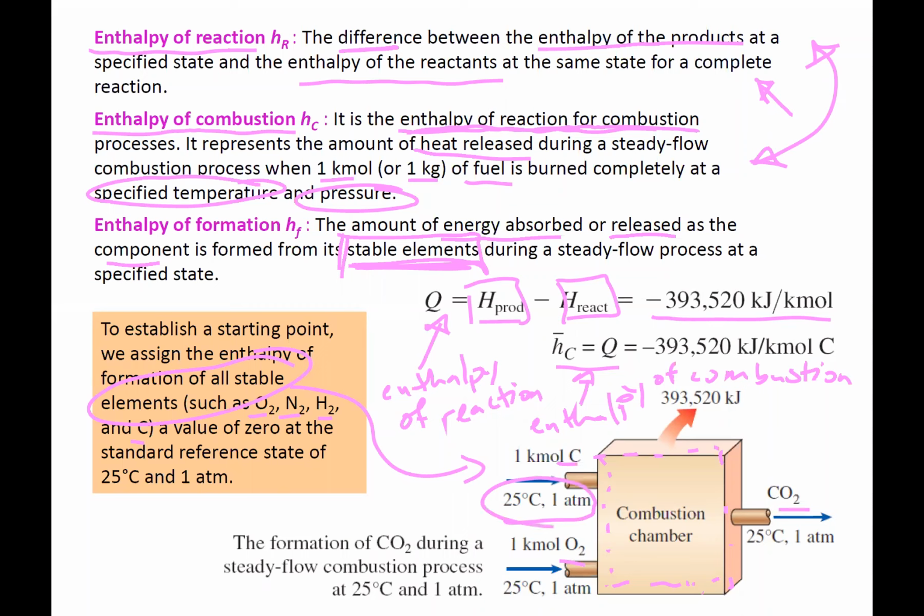They're coming in at 25 degrees Celsius, 1 atmosphere, and the exit is also coming out at 25 degrees and 1 atmosphere, and we have heat being released from our chamber. That's why you see negative, because heat's going out, right? So that also ends up being our enthalpy of formation for this reaction, because it's being formed from stable elements.